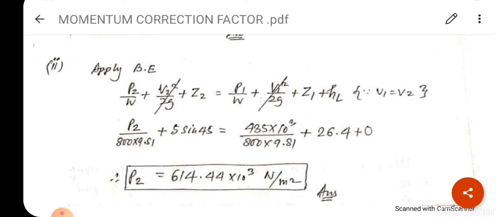I am putting 435 into 10 raised to 3 upon 800 into 9.81 plus head loss 26.4, which I have already solved. So the final value of P2 will be 614.44 into 10 raised to 3 Newton per meter square, or you can say 614.44 kilonewton per meter square after putting the value of pressure P1 as 435 kilonewton per meter square.